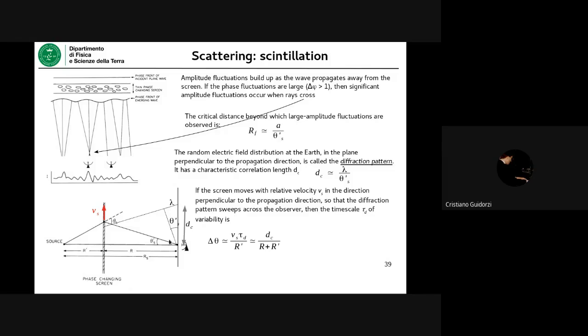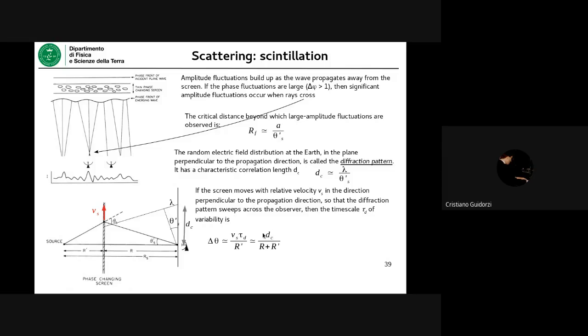So given that the angle by which this ray is tilted is the same, delta theta, dc, which is the direction I want to consider along this plane here, is the ratio between dc over what? Over the distance between the plane here and the source, r plus r prime.